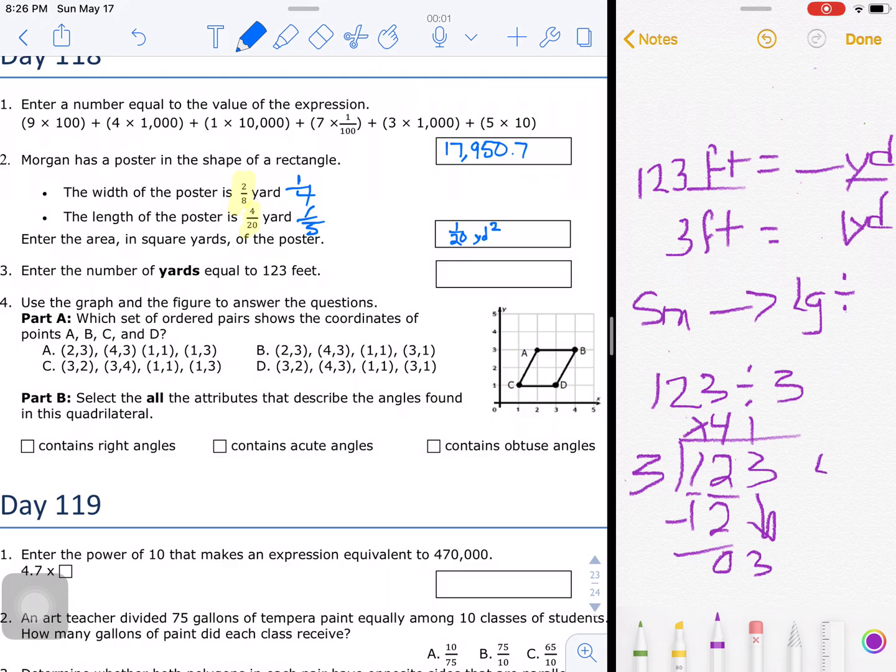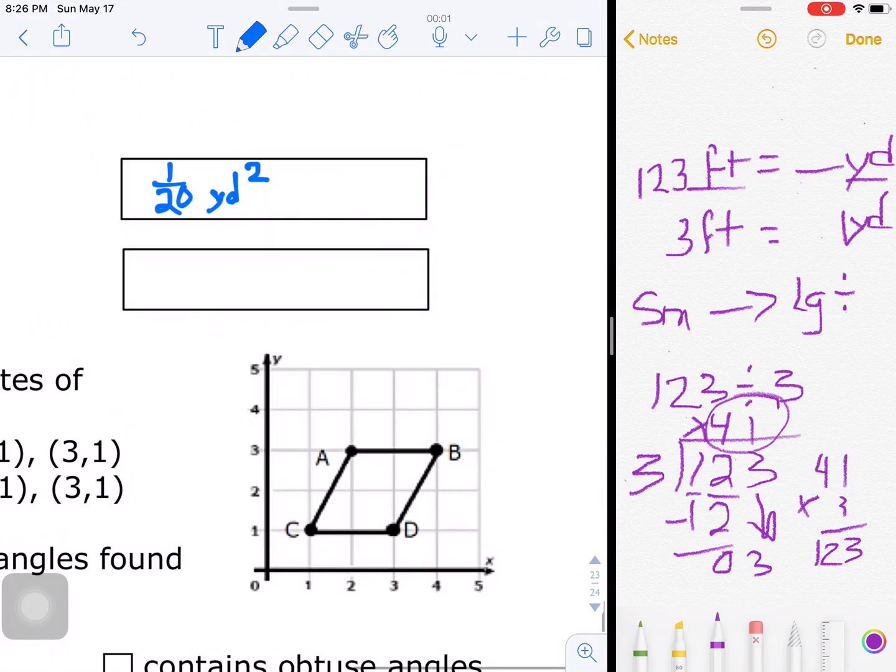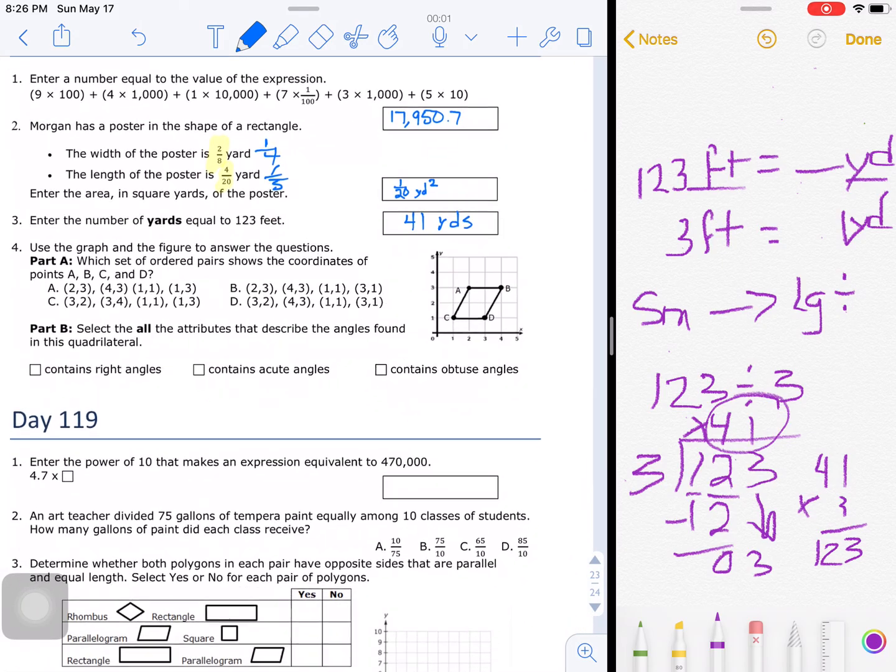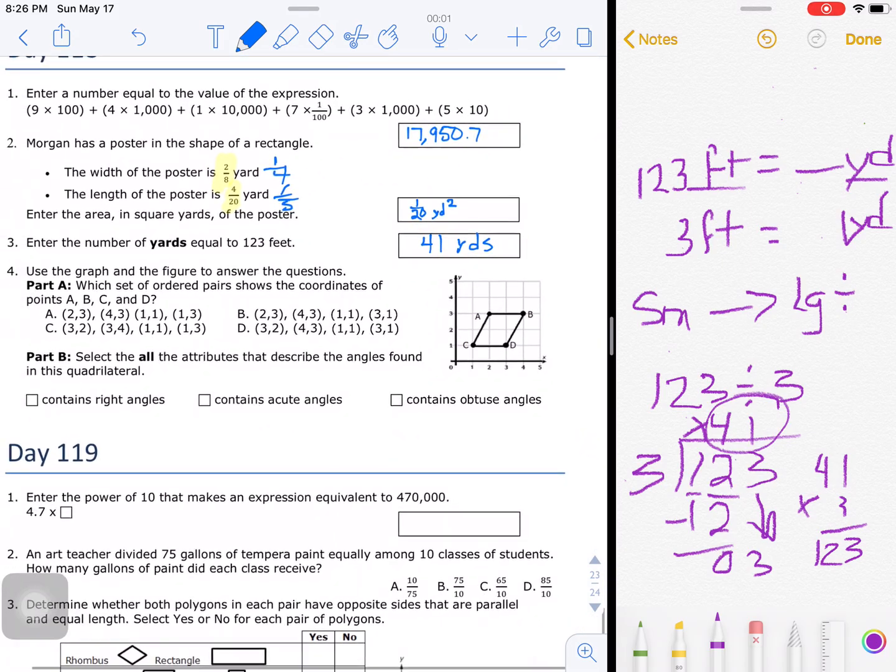So I'm going to do checking: is 41 times 3, 123? And it is. So our answer is 41 yards. 123 feet is 41 yards.